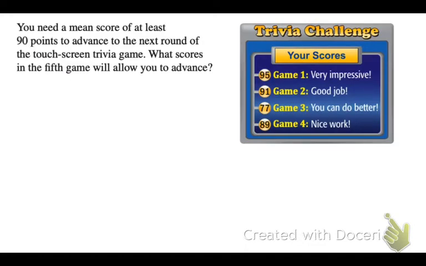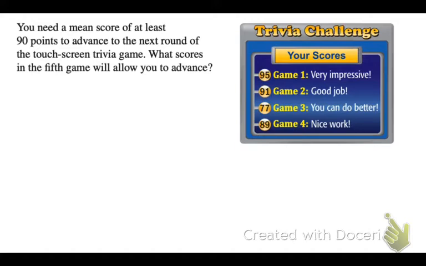All right, and this is actually from your textbook, so we're not doing number 11 and 12. You can find maybe some extra room over 11 and 12 if you want to copy this down. We're going to need a mean score of at least 90 to advance to the next round of the touch screen trivia game. The scores in the 5th game will allow you to advance. So your scores for game 1, game 2, game 3, and game 4 are in the box to the right.